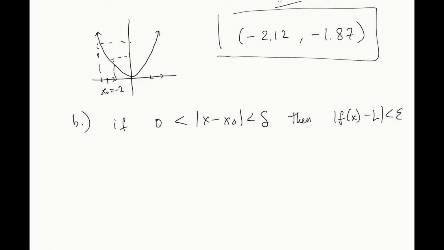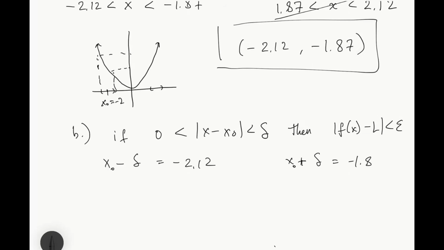So we want to find delta such that it will produce an interval about x0 such that any value taken from that interval would always land within the distance epsilon from our limit.